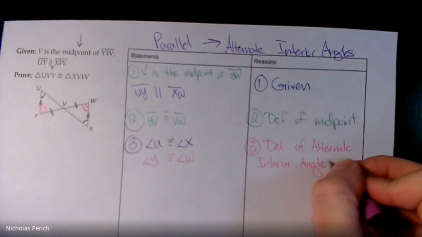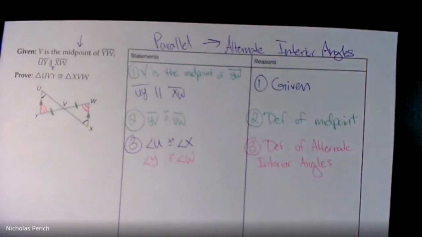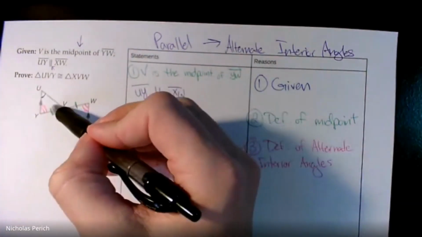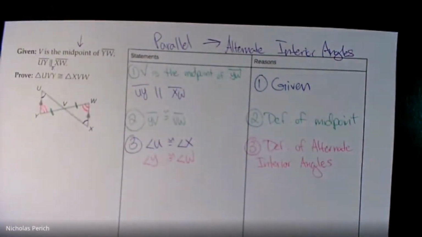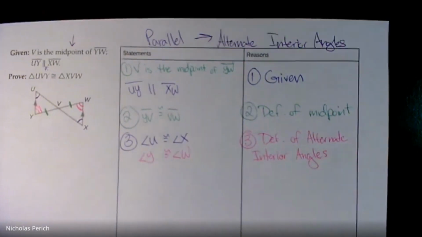Now, a lot of you might be thinking, let's go one step further and say that these two angles are congruent because they're vertical, which is 100% true. But you know what? I don't have to do that.